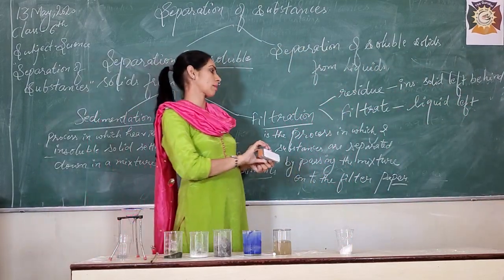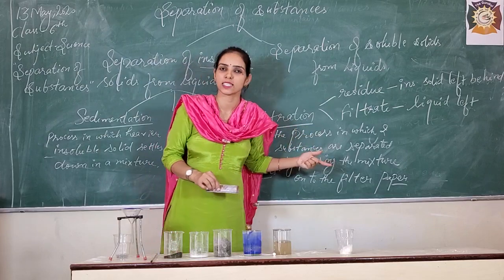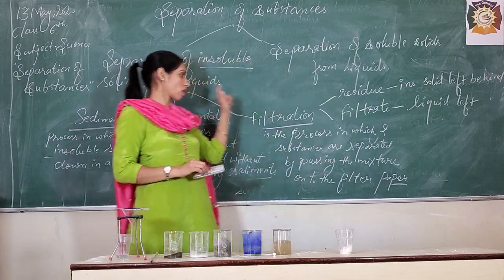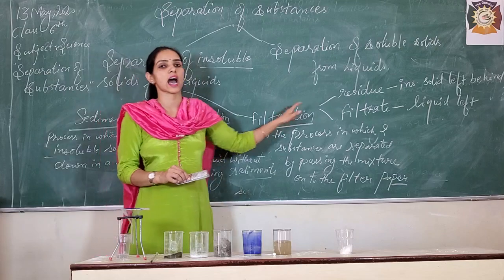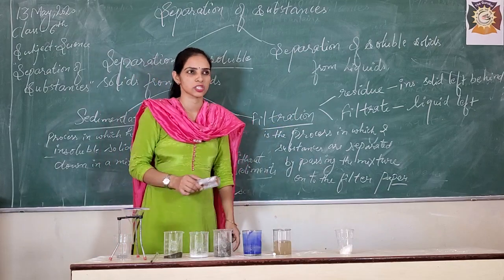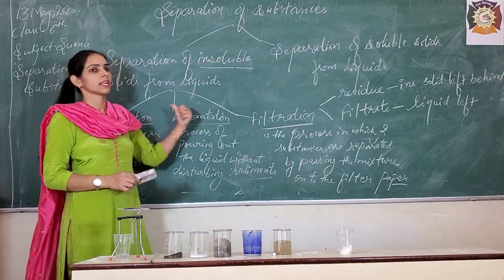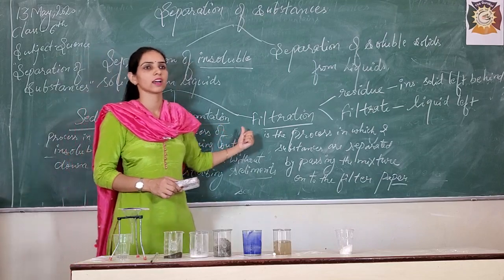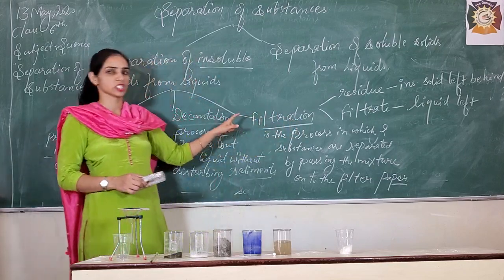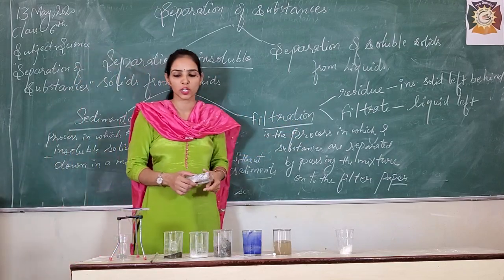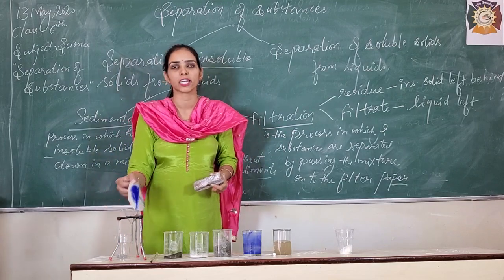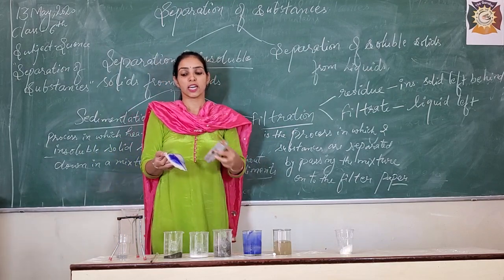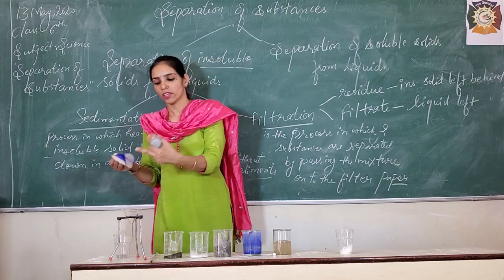Okay? So this is all about the filtration process. Clear, my students? So all these three processes are used for separation: sedimentation, decantation and filtration. Filtration, the process in which what are we using? We are using the filter paper for separation. Residue is left behind.